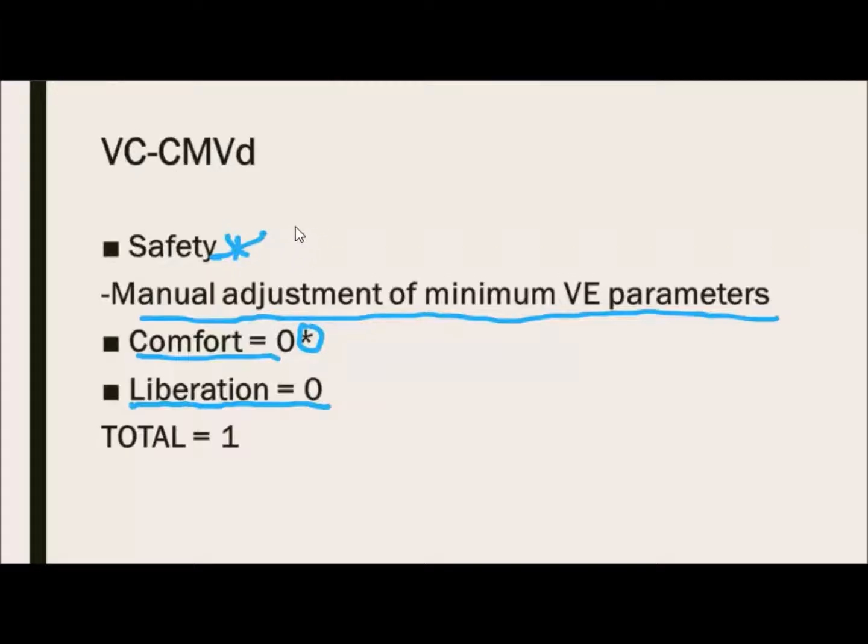One is safety. If the operator sets it correctly, you're not going to have barotrauma because the pressure is not going to get so high. And then with patient comfort, you should have less short cycling because the pressure limitation prevents the breath from cycling off too early. I would actually consider this a 1 if we look at asynchronies, but that's not the criteria the paper was based on.